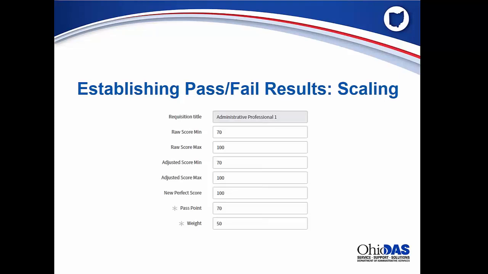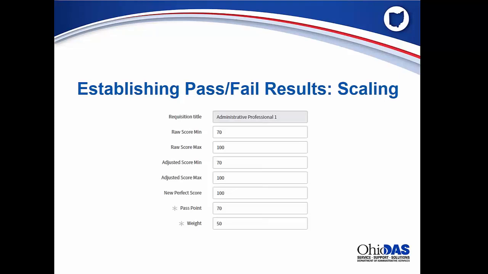So once the pass-fail status of each candidate is finalized, the results can be sent over to Recruit and Onboard where each candidate's step status can be dispositioned accordingly. So we'll show a few examples of changes to pass points, like raw score mins, maxes, things like that. And this screenshot that we're looking at right here, this is the page before any adjustments are made.